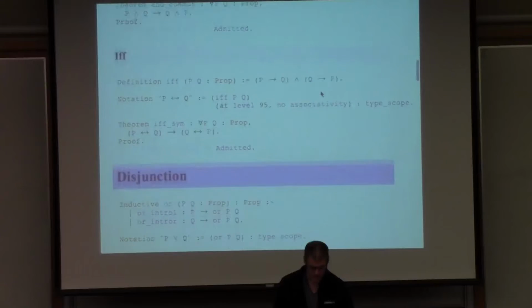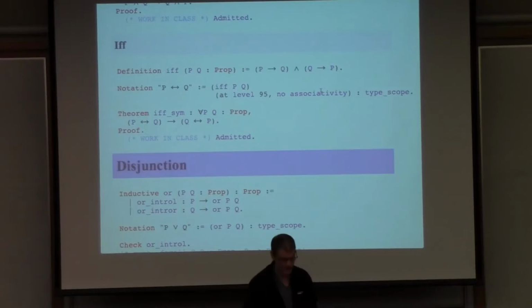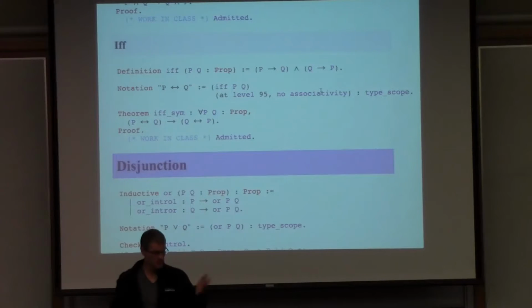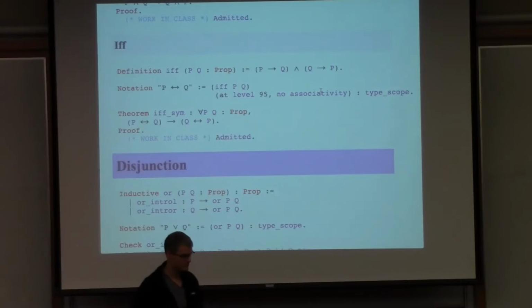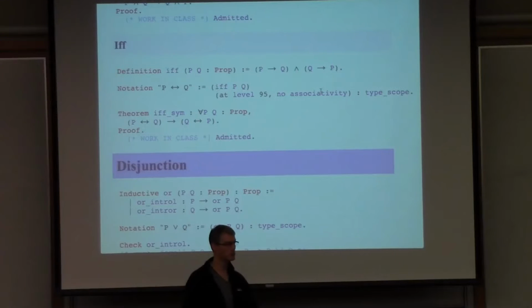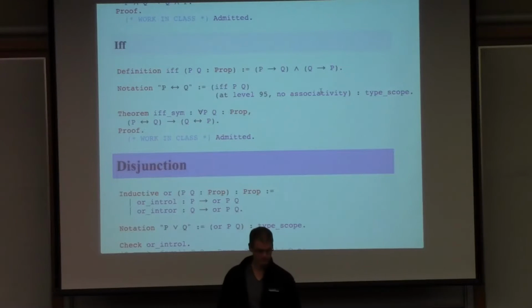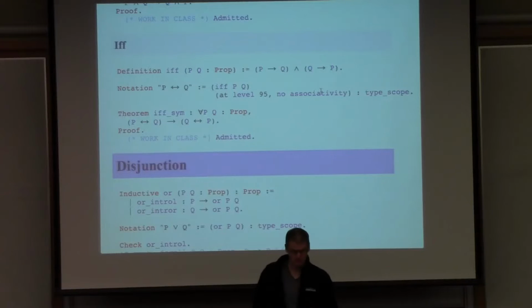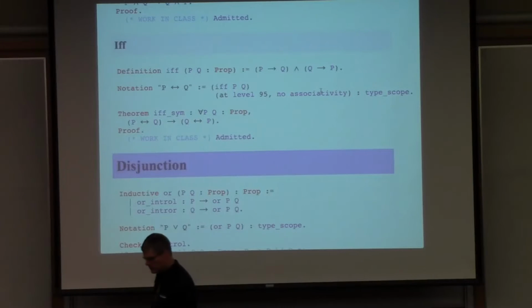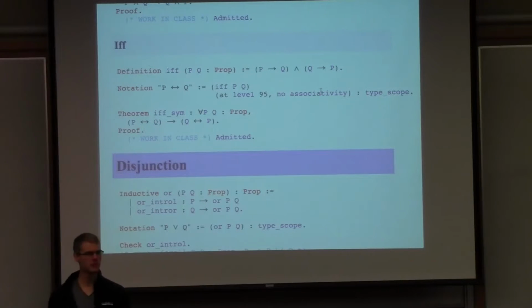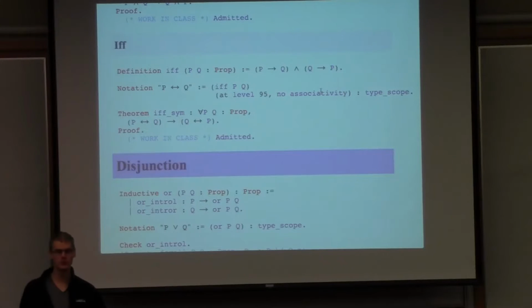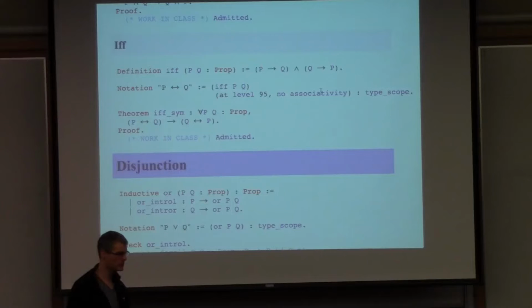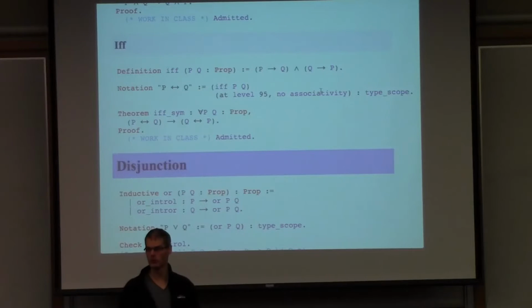All right, going on. If and only if is just P implies Q and Q implies P. The rest of Software Foundations doesn't make very heavy use of if and only if because in older versions of Coq, if and only if hypotheses were a little bit awkward to work with.